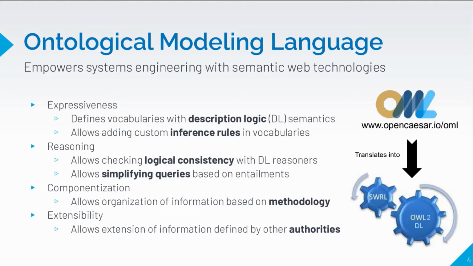Another benefit of ontologies is componentization. It allows you to break up the knowledge or information you want to express based on a methodology, and to group the information by viewpoints in a much finer way than you can, for example, with ECORE.